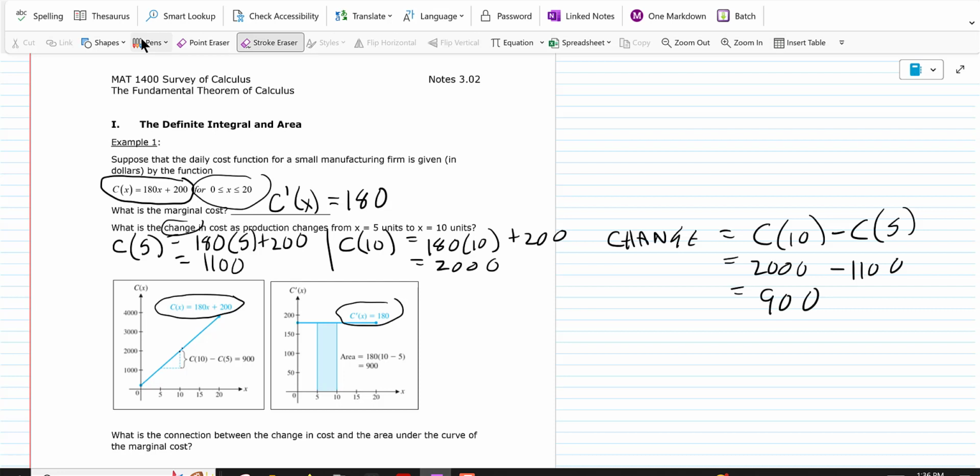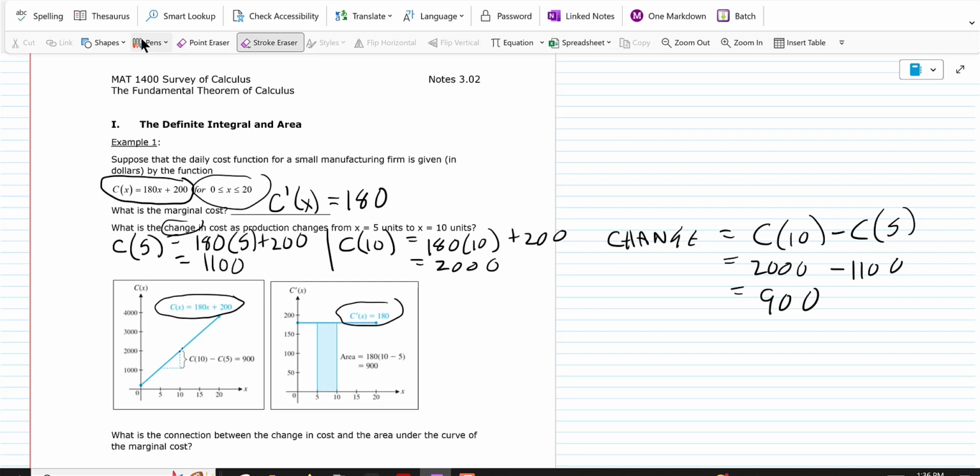Now we're going to look at what happens if you look at the marginal cost and look at an area under a curve. The marginal cost is 180, and that is the graph of a horizontal line. If you find this area, you get the same answer, which is kind of weird.